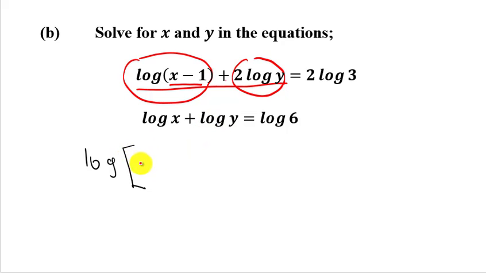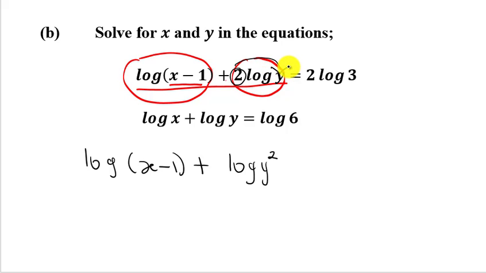So we are going to have log x minus 1 plus log y squared. We try applying the exponent law. This 2 here should be moved so that it serves as an exponent for this y.